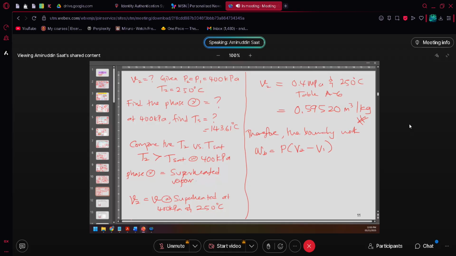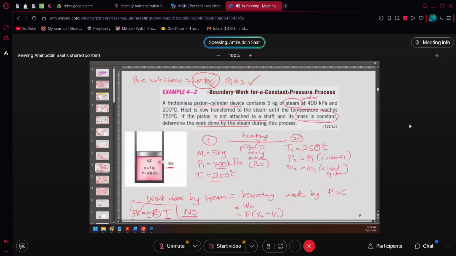You know that V equals m times specific volume, so the equation becomes P times m2 V2 minus m1 V1. And you know that m2 equals m1, so you can bring the m out of the bracket: m times (V2 minus V1). So you write again, what is the m just now?